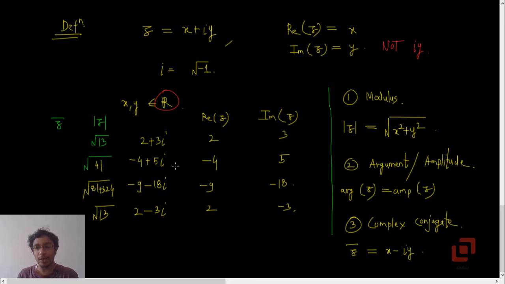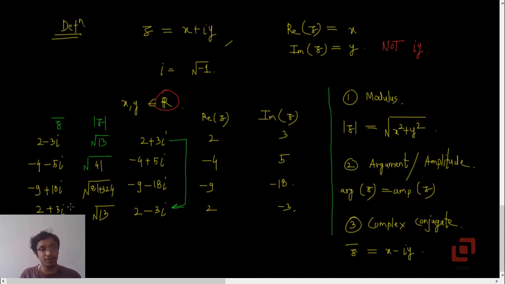Now let's find the complex conjugates. All you have to do is simply change the sign of the imaginary part. So 2 minus 3i, -4 minus 5i, then -9 plus 18i, and 2 plus 3i. You observe that the complex conjugate of 2 plus 3i is 2 minus 3i.